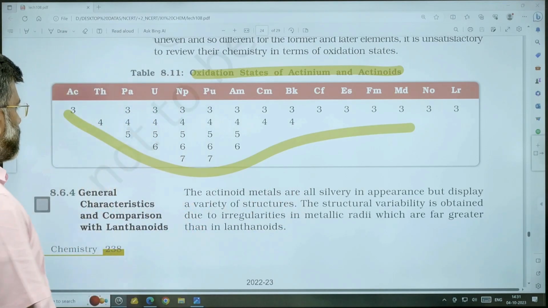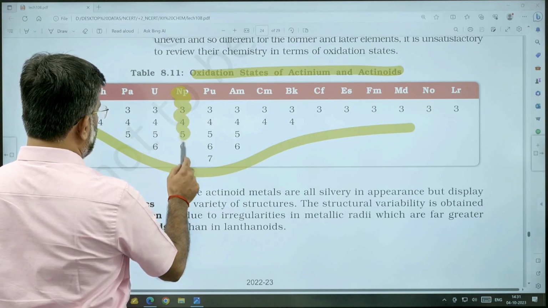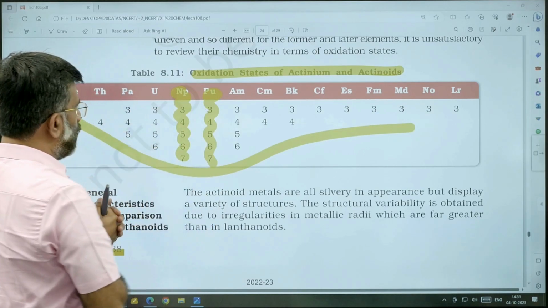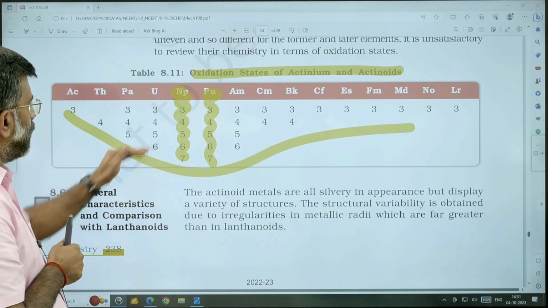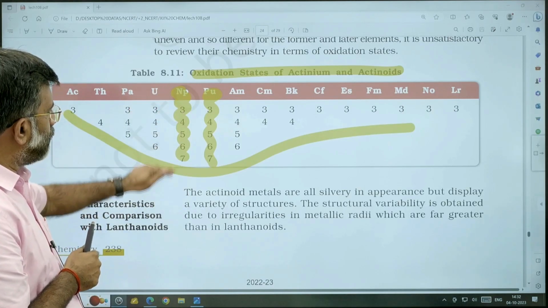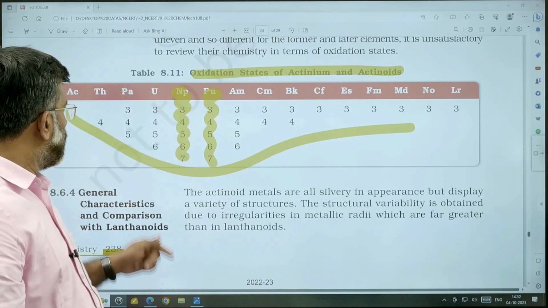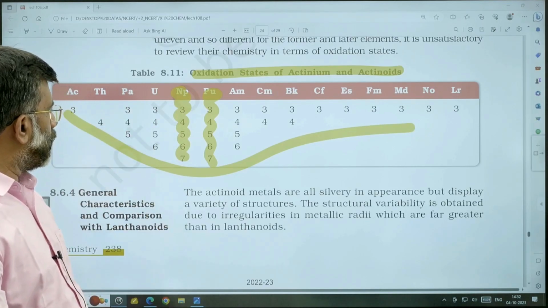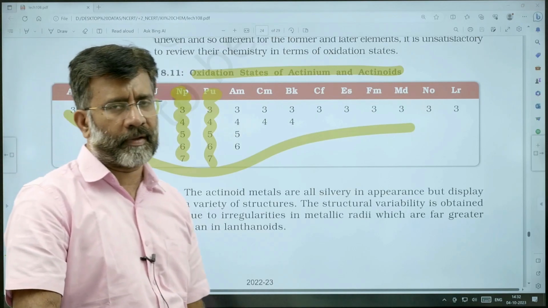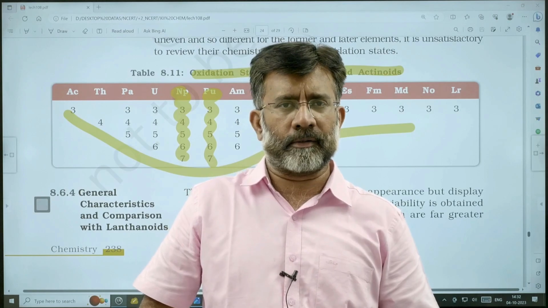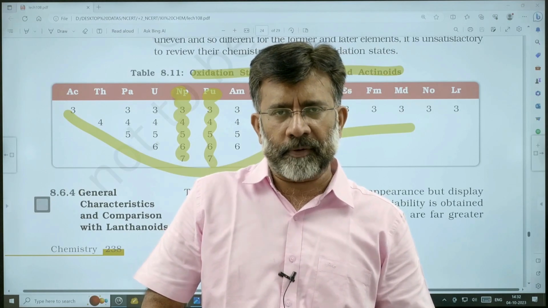You see maximum variability performed by neptunium, plutonium, and in fact, in the recent history of entrance examinations, the oxidation state of neptunium was a question. It is from 3 to 7 continuous: 3, 4, 5, 6, 7. They perform more variability in oxidation state.